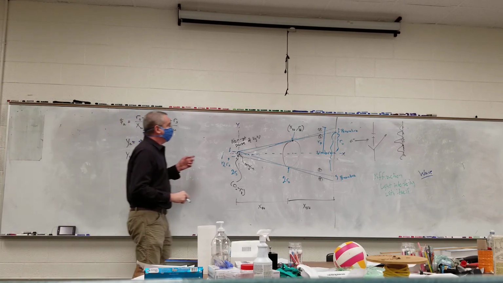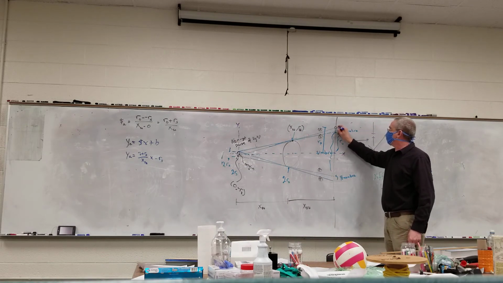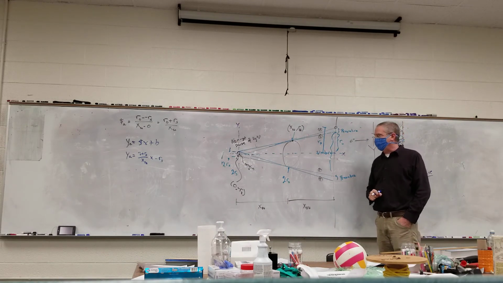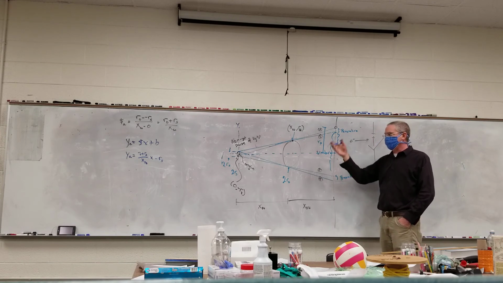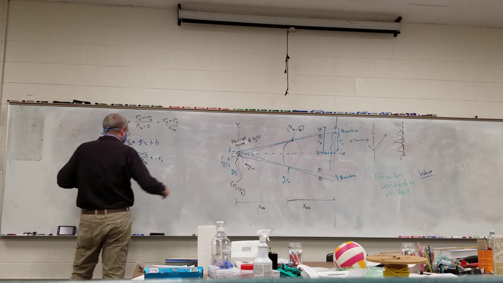So I can now figure out, using that equation, that point right there. All I have to do is put in the right value for x into that equation, and my value for x is that.